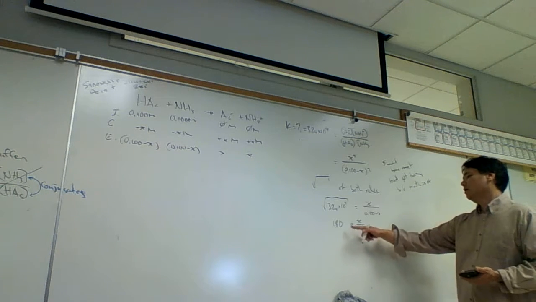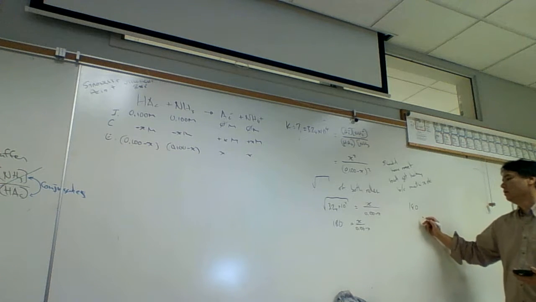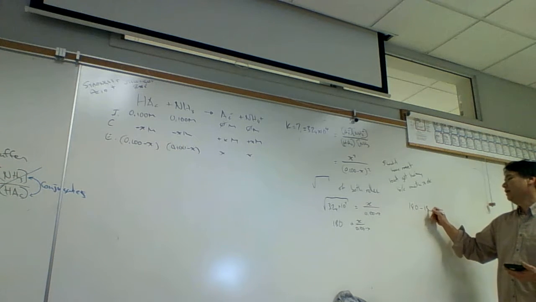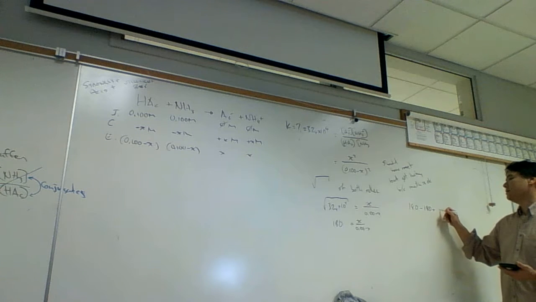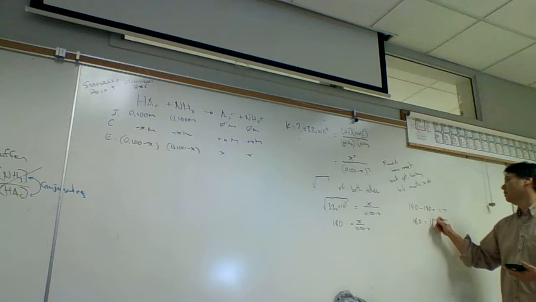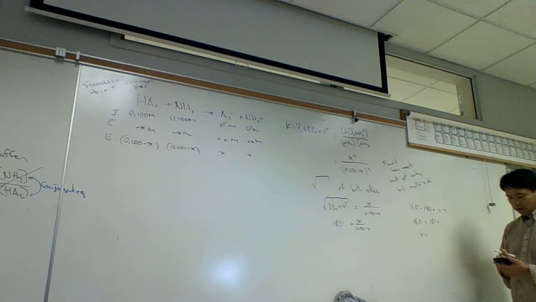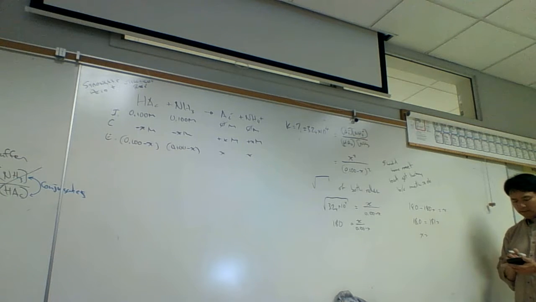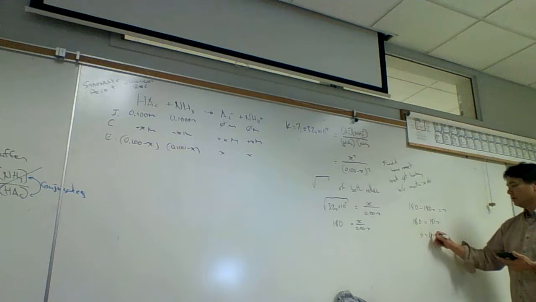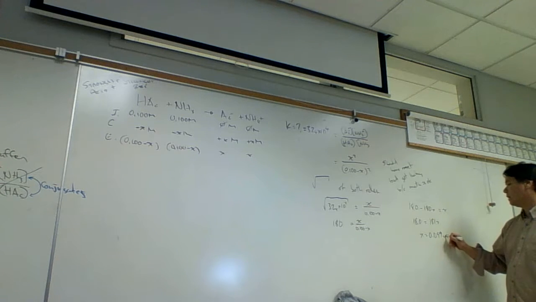And so I'm going to get 18.0 minus 180x is equal to x. 18.0 is equal to 181x. X is equal to 18 divided by 181. 0.09944.